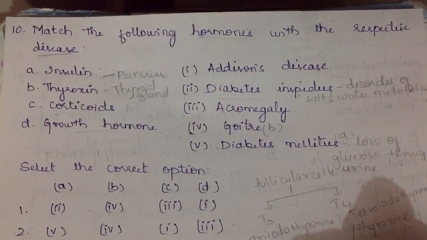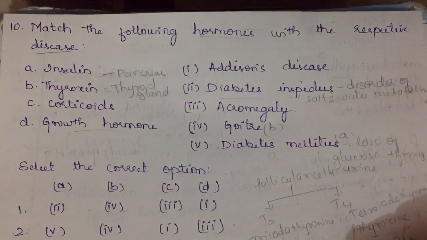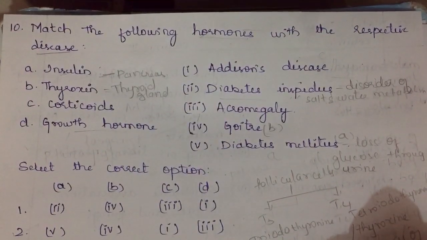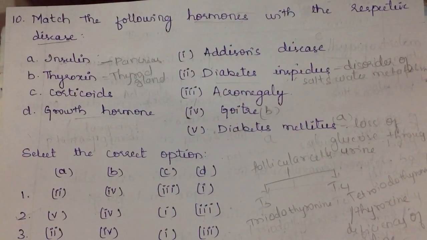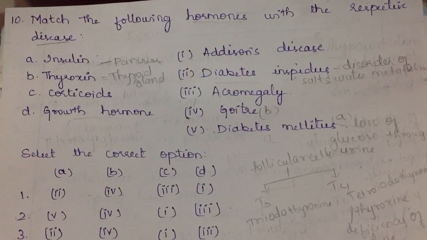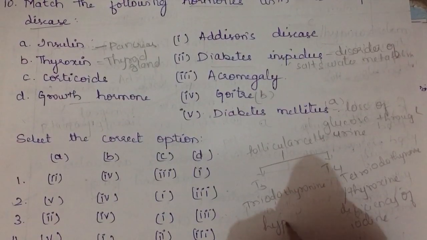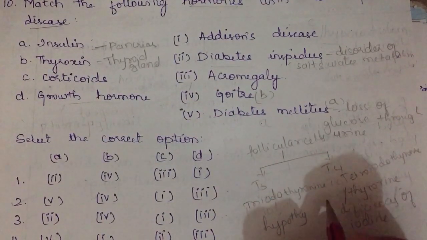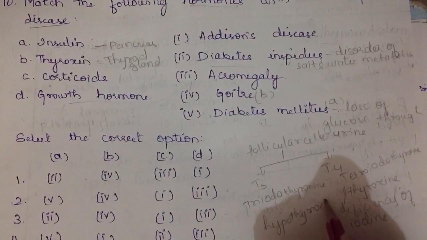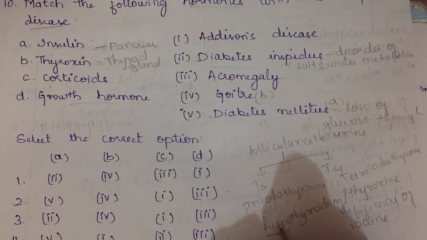If there is a deficiency of iodine, then there is hypothyroidism and enlargement of the thyroid gland. Hypothyroidism means low secretion of the thyroid gland.